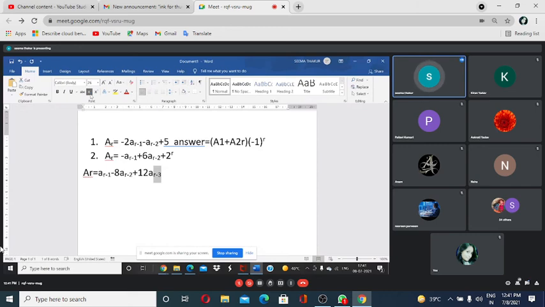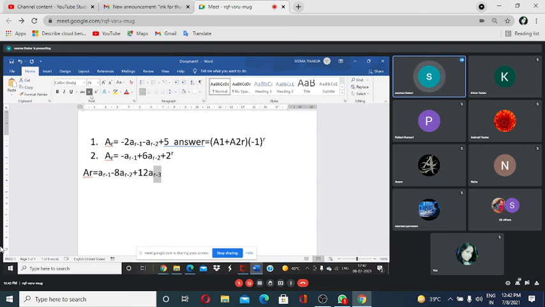So now you are able to find the homogeneous solution of any equation. I repeat: first of all, you have to make the characteristic equation based on the order of the equation. If r minus 2 is there, it means it is a second order equation. If r minus 3 is there, it will be a third order equation.